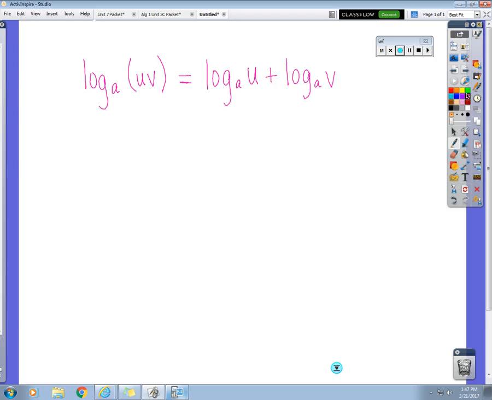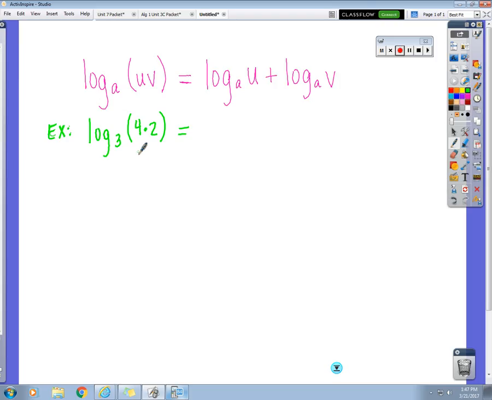So let's do an actual example with numbers so that it makes more sense. Okay, so say you have log base 3 of 4 times 2. That's known as condensed form.